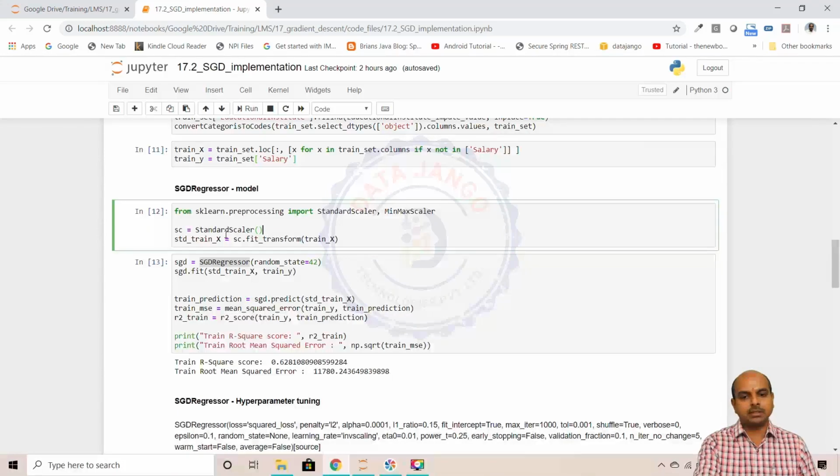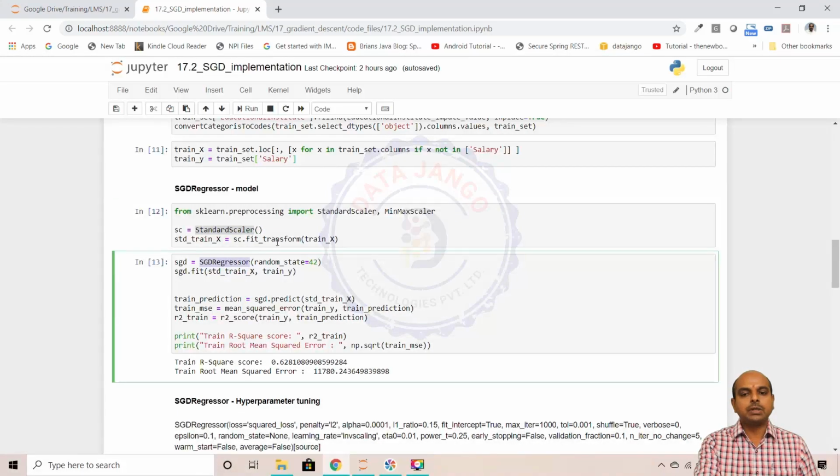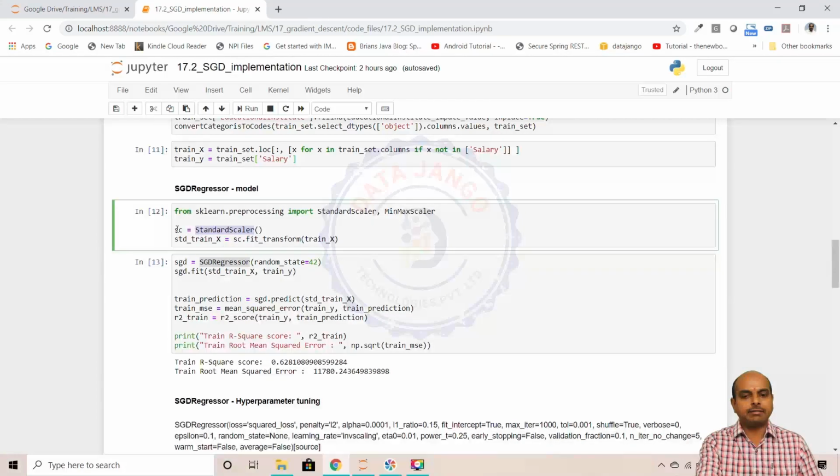So we need to remember this. Before we apply the gradient descent algorithm, we should do standard scaling. I have taken the StandardScaler class and did fit_transform on X_train. When I did fit, it takes the means and standard deviations of all the columns in the dataset, and when I say transform, that's when it subtracts the mean and divides by the standard deviation.